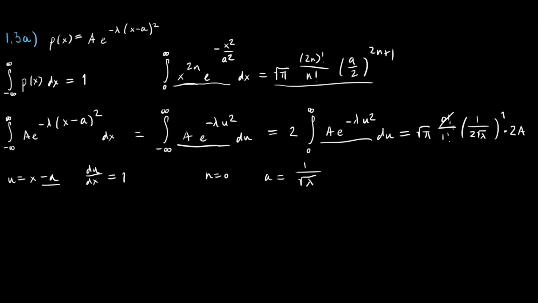Now these go away and these are just 1, and then these 2's cancel, and what we get is a times the square root of pi over lambda must equal 1. So we know that a must equal the square root of lambda over pi.